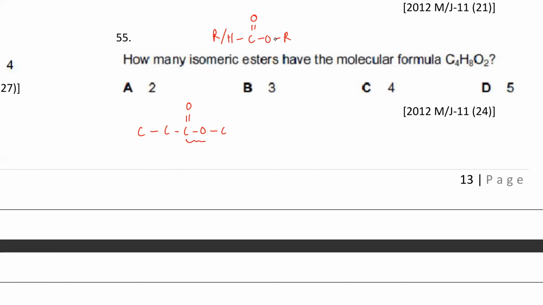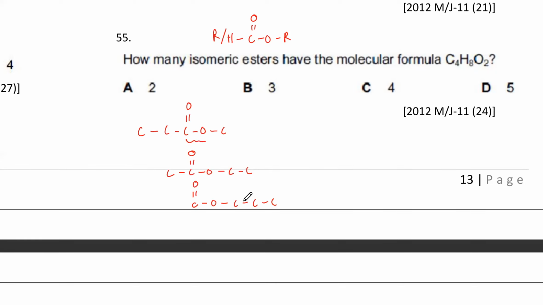That's an ester, right? I can change the position now. What I can do is I can have double bond O and carbons, 2 carbons on this side, right? Or I can change the position even more. I can have double bond O, and I can have 3 carbon atoms on this side, right? So I'm just moving the ester to the left. There's going to be one more.